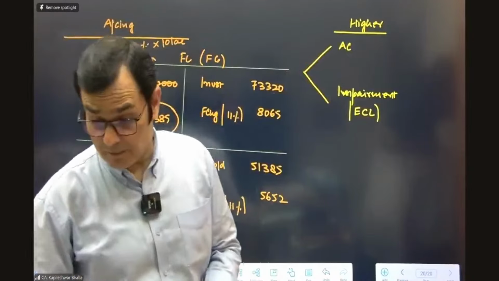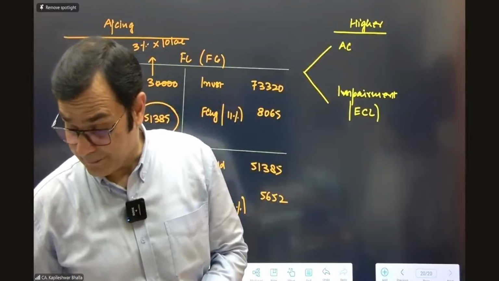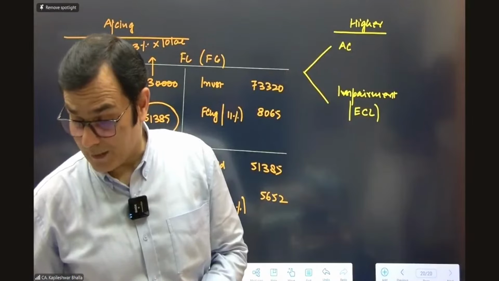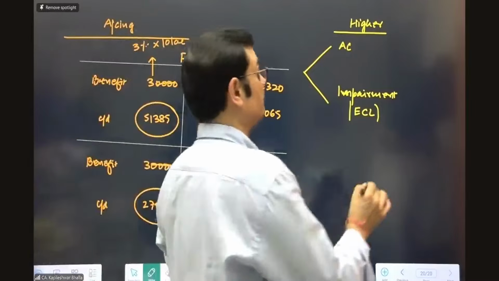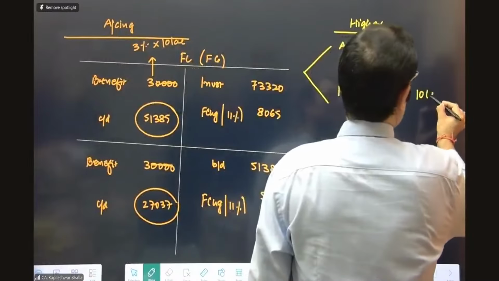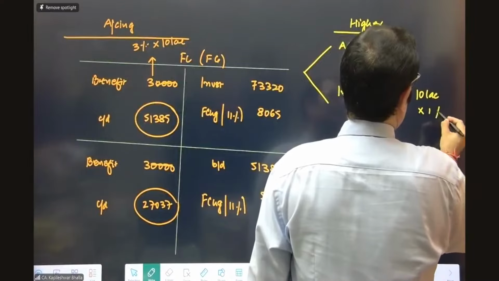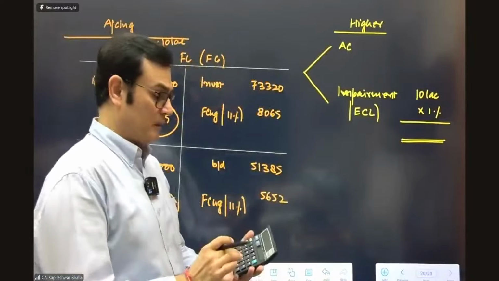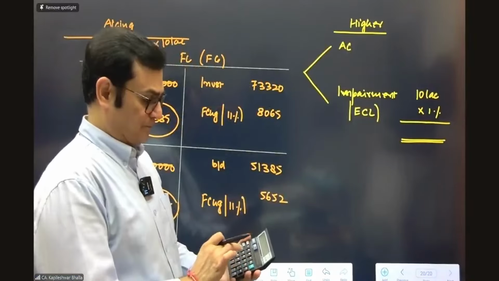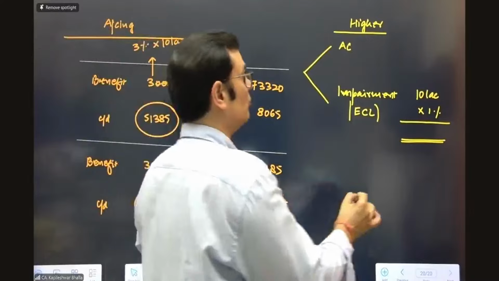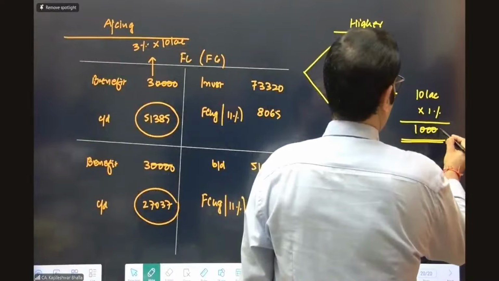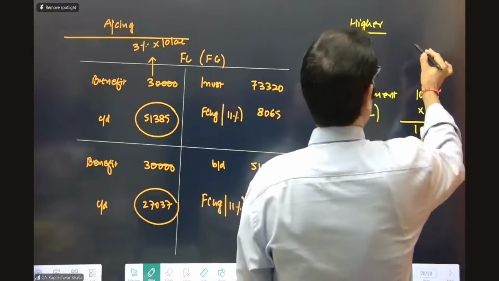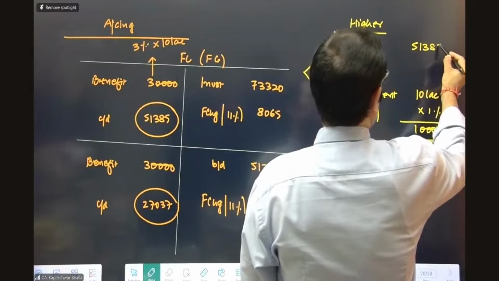Now, in terms of impairment, it very clearly says that on March X2, there is a 1% probability of default. So if the impairment is calculated, there is a 1% probability of default that you're not going to get this money. So 1% comes to 10,000. And the amortized cost is 51,385.